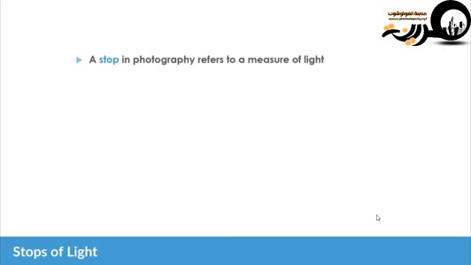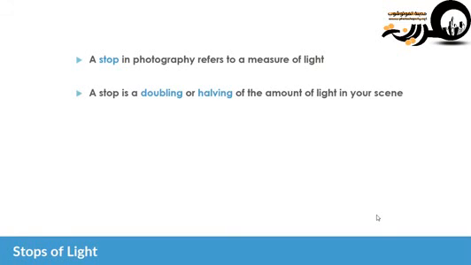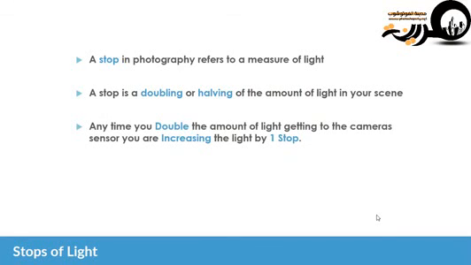Okay, so a stop in photography refers to a measure of light. A stop is either doubling or halving the amount of light in your scene. Anytime you double the amount of light getting to the camera sensor, you are increasing the light by 1 stop.